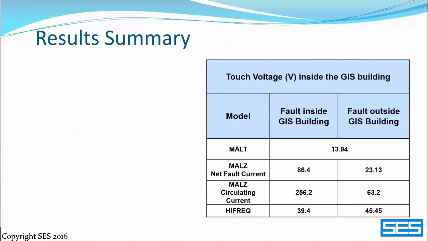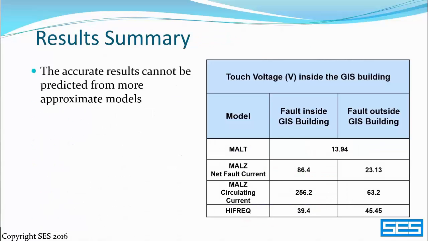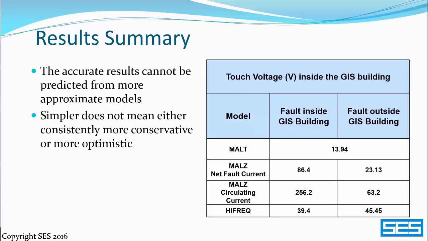Putting all the results together side by side, we really see that the accurate results cannot be predicted from more approximate models. Simpler does not mean either consistently more conservative or optimistic. The only truly reliable way to get correct results is to have the most sophisticated model possible in this case.